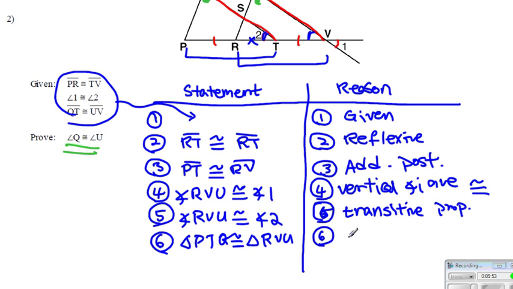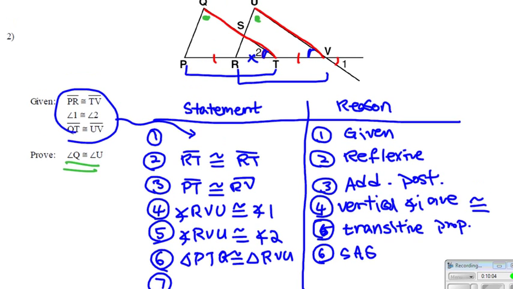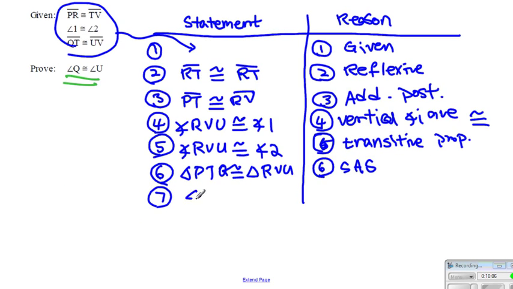Number 6, by side angle side, because the angle was used between those two line segments. Then we can say number 7, angle Q and angle U would be congruent to each other. And then the reasoning once again becomes CPCTC.